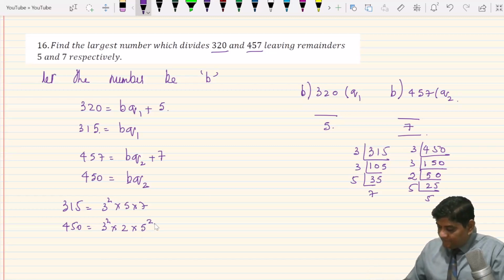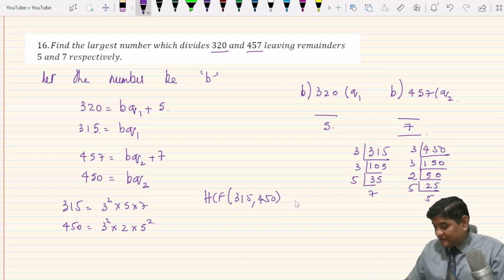So what's the HCF of 315 and 450? Well, you take the common factors first, and then the least powers. So you get 9 5s are 45.